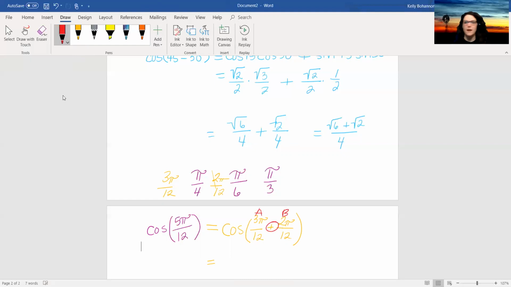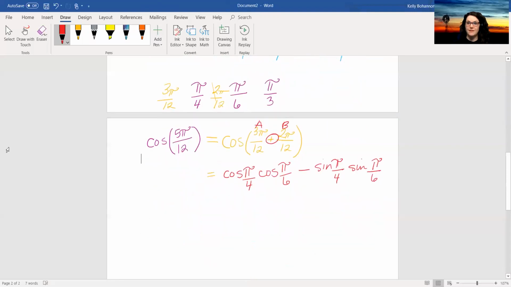So when I rewrite it, my equation is going to have a minus in it. So cosine of A, which is pi over 4, because it's the 3 pi over 12, so it's a pi over 4 piece. Cosine B, minus sine A, pi over 4, sine B, pi over 6.